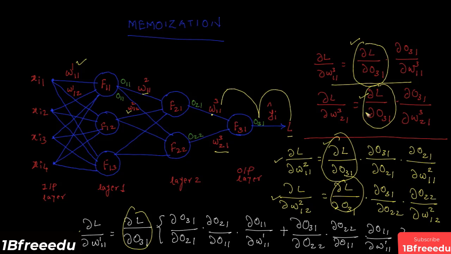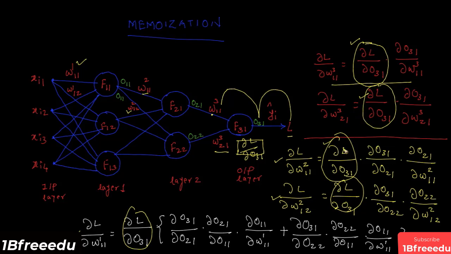So how can I cut that time? When I'm computing this for the first time, I'll do the complete computation and store the result. Let's say in this neuron I can have a memory cell, and I can store this dou L by dou O31. So when you compute for the first time, do it and store the result, and later when you want the same answer, use the previous result.